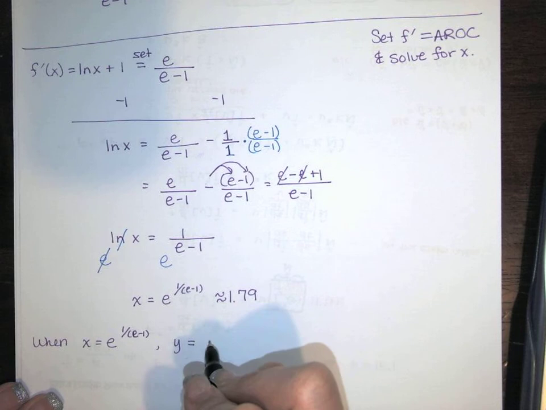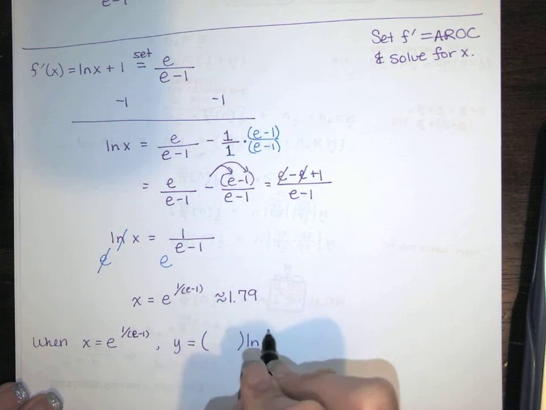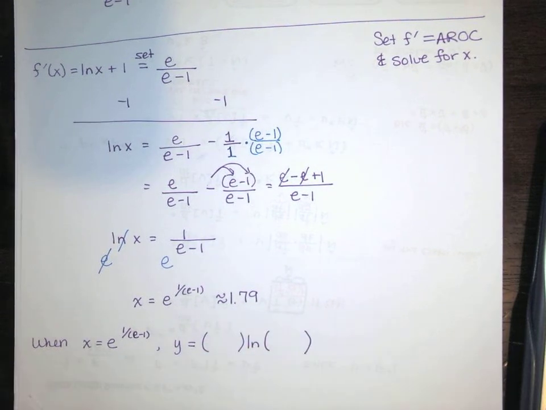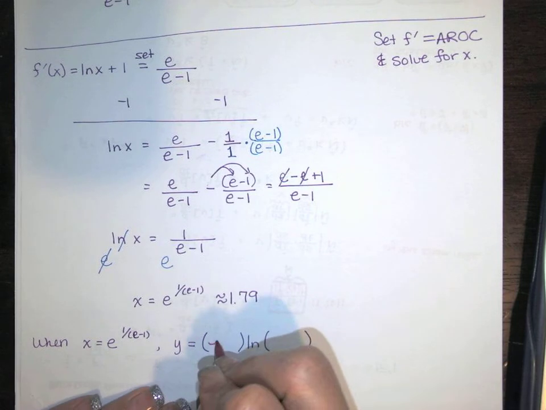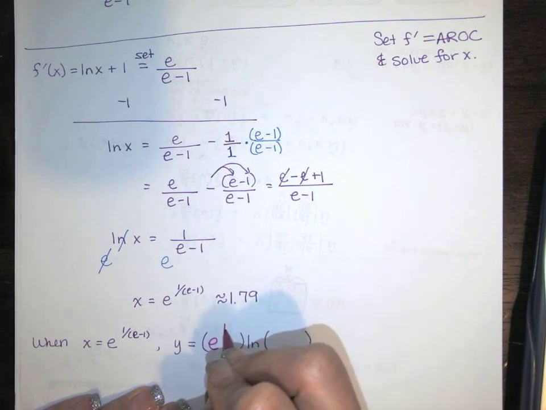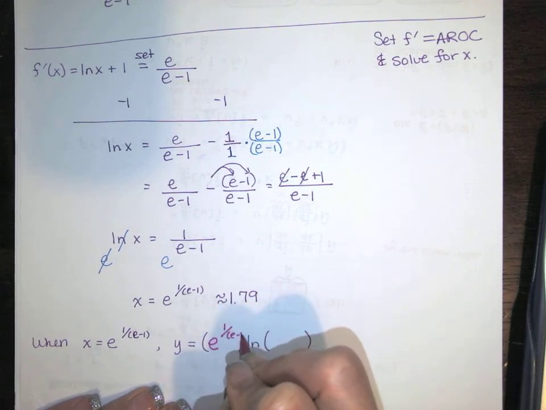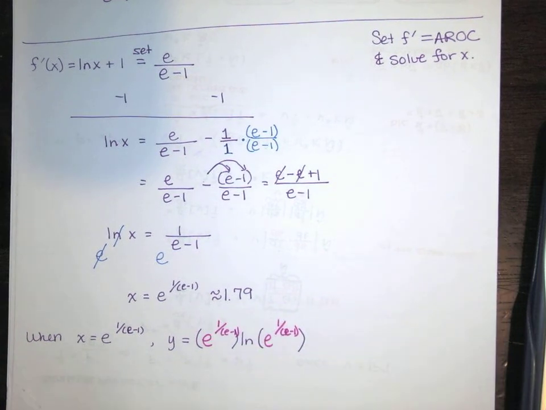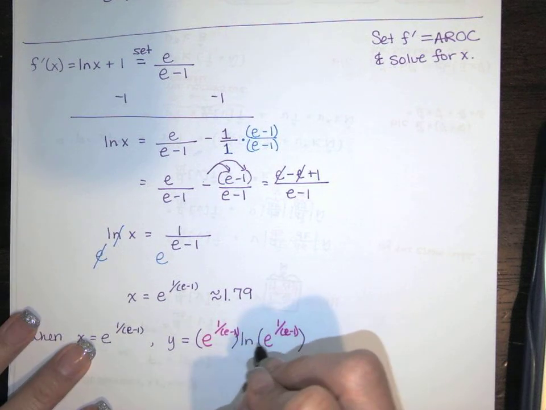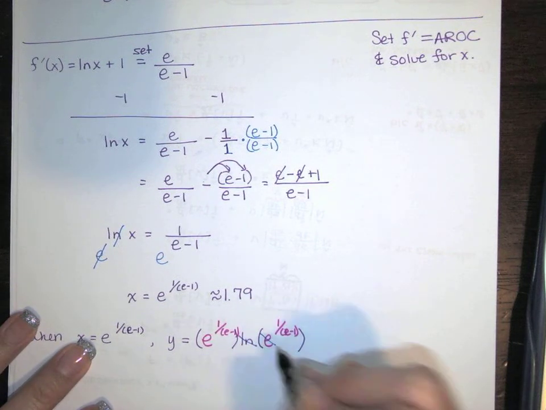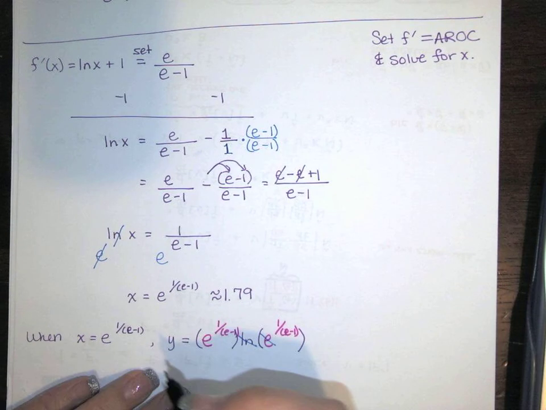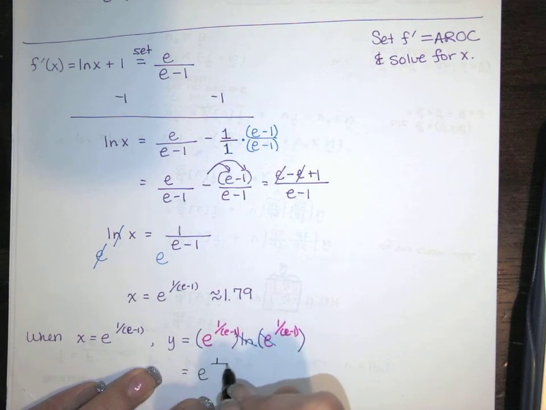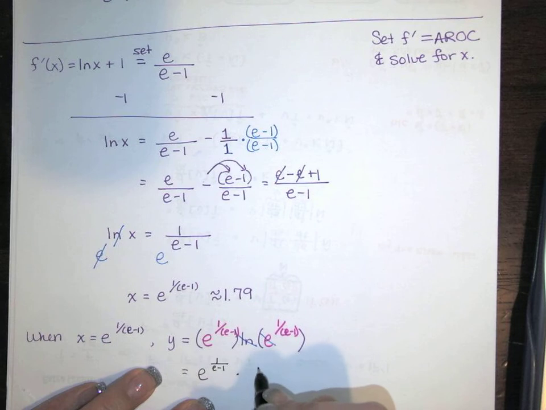So y was x times natural log of x, and I'm replacing x with e raised to the 1 over e minus 1. And these undo each other, because the log base e and the exponential undo each other. And so we just get e raised to the 1 over e minus 1 times 1 over e minus 1.